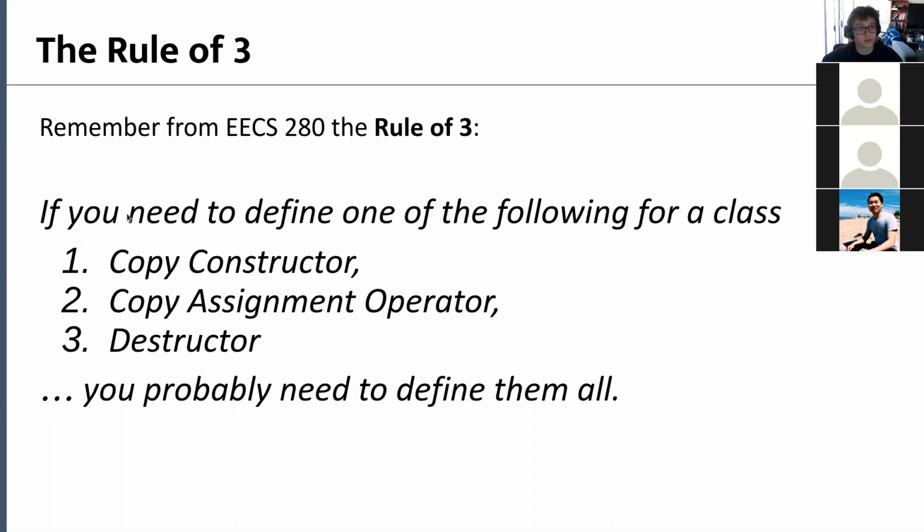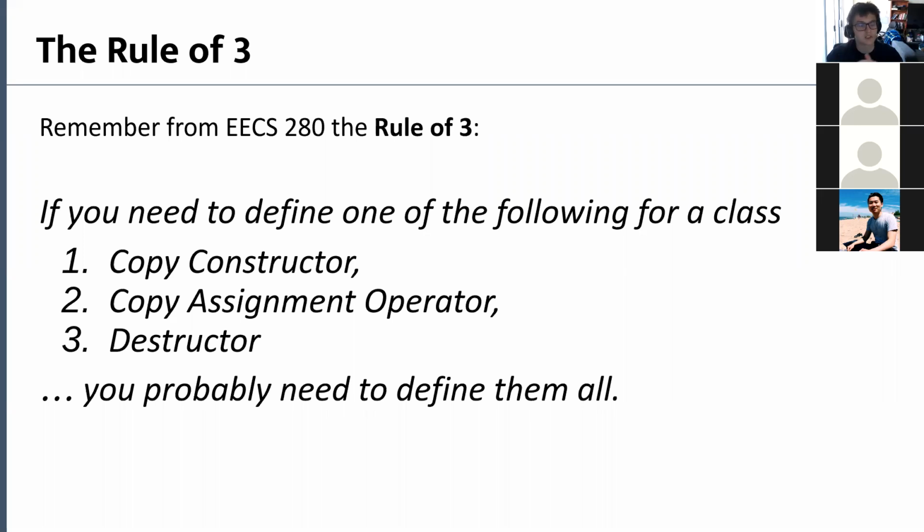And if I'm remembering correctly from EECS 280, this usually was referring to the managing of dynamically allocated memory. So if we have some class that in a constructor calls new on some chunk of memory, then normally what we would want to do in the copy constructor and copy assignment operator is do a deep copy of the allocated data rather than just a shallow copy of just the pointer itself.